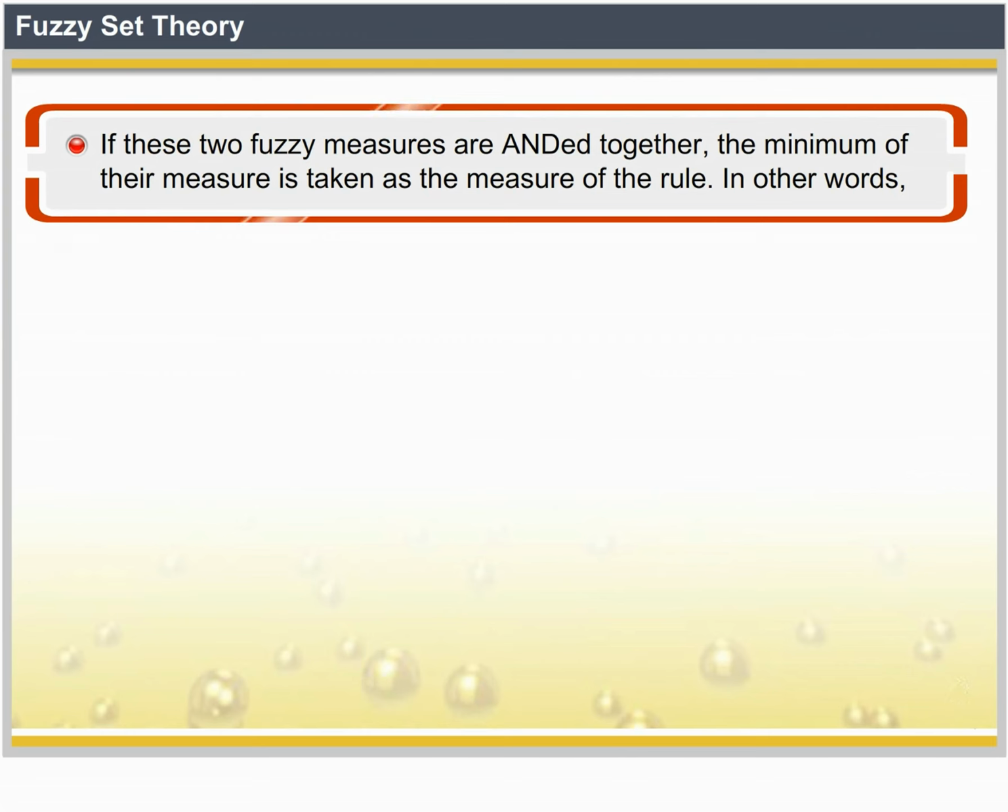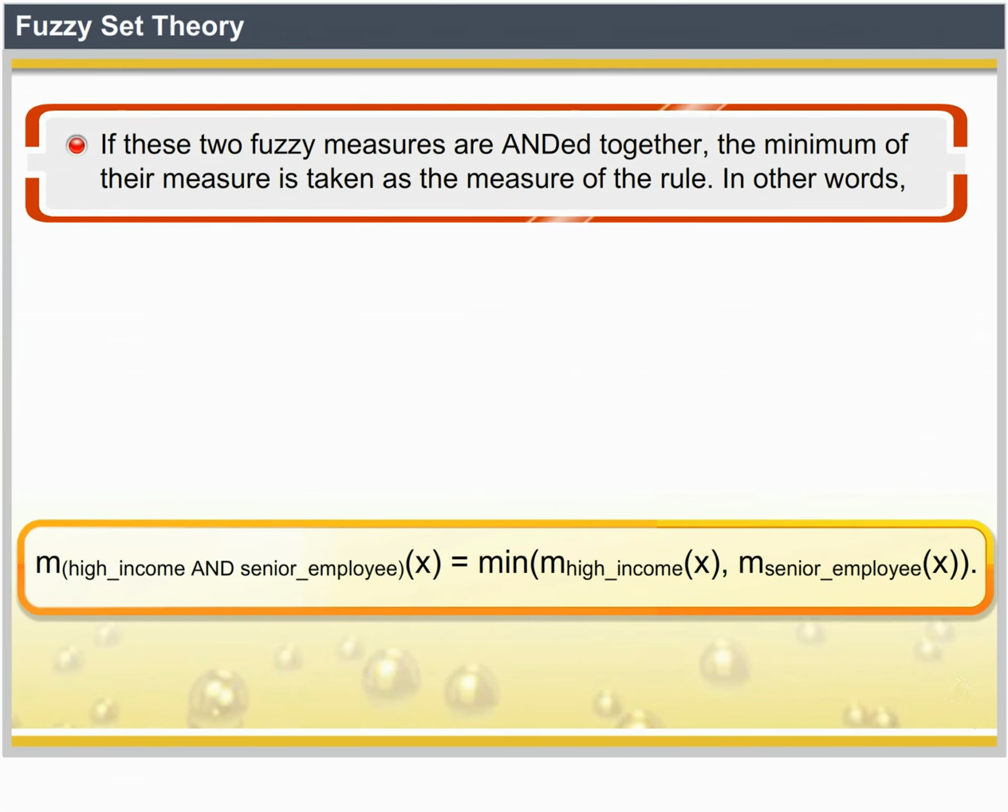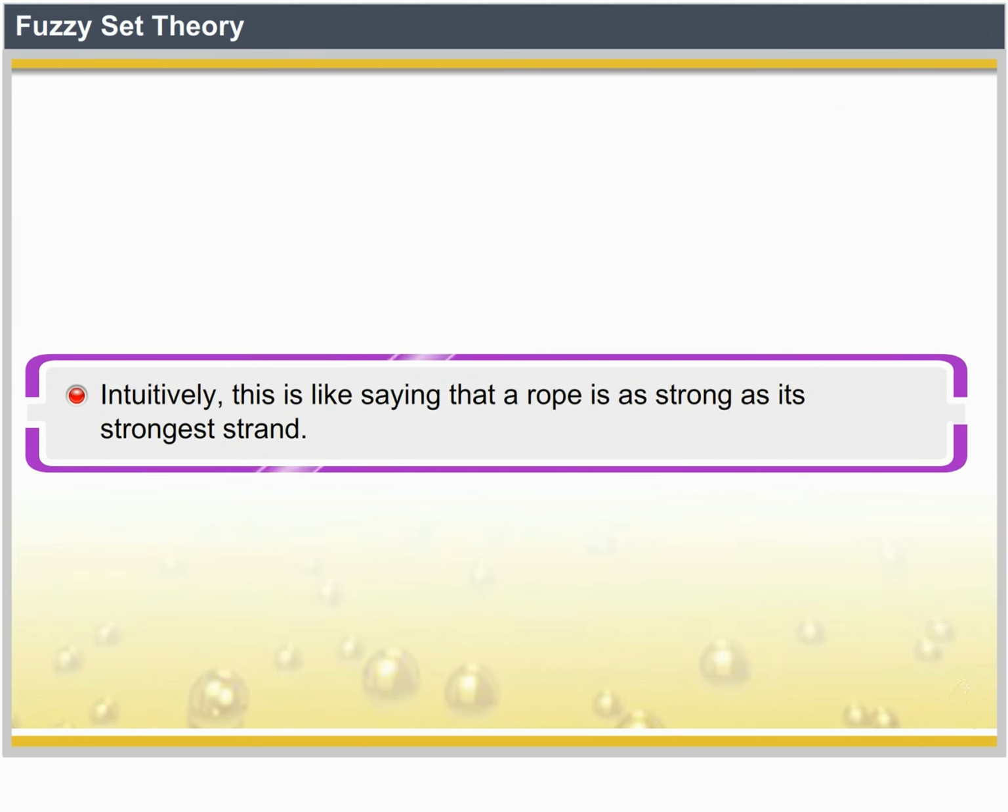In other words, M high income and senior employee of X equals min of M high income of X, M senior employee of X. Intuitively, this is like saying that a rope is as strong as its strongest strand.